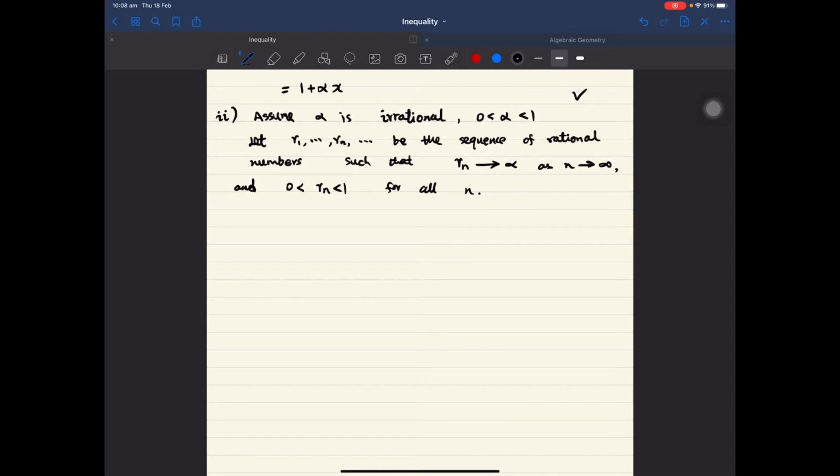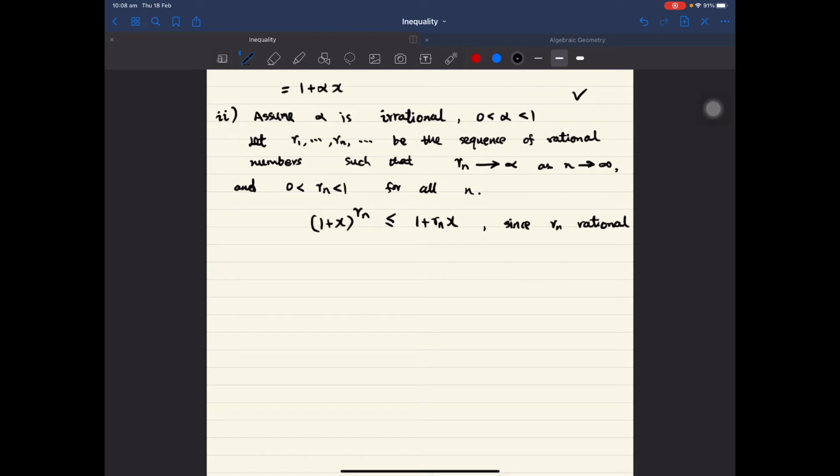Therefore, we know that (1 plus x) to the power of rn is less than or equal to 1 plus rn x. Since rn is rational, we can use the result we have proven above.